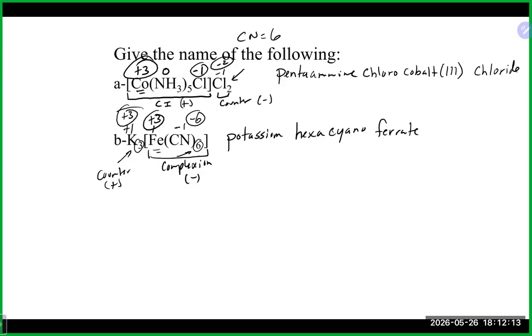And again, we're going to use our Roman numeral for 3 in this particular case. So potassium hexacyanoferrate(III). Coordination number on this guy also 6, as cyanide is unidentate or monodentate in this particular case. Any question on that name there?